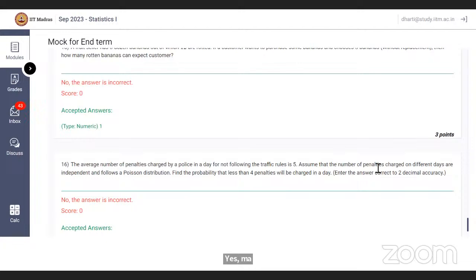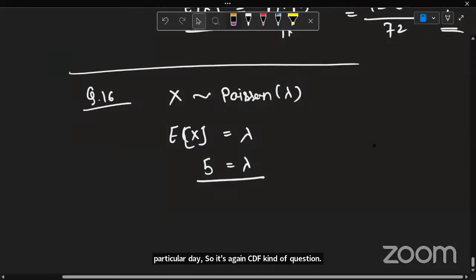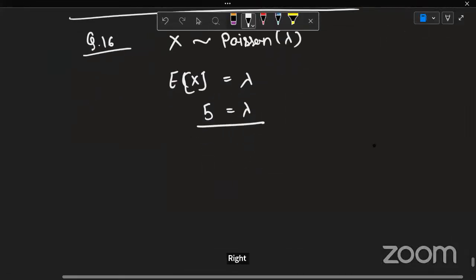So assume the number of penalties charged on different days are independent. So we need to calculate the probability that on any particular day the number is less than 4. So it's again a CDF kind of question, right? For Poisson distribution, you know what the distribution is, right?